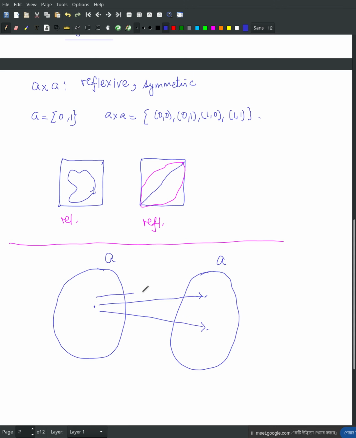Okay, and it very much looks like a function, but not really, because for a function, from one point you cannot go to several places. So this tells me that this is related to this. And this tells me that this is related to this, and it could also be related to this, and so on. So some are left out over here, and some are left out over here.